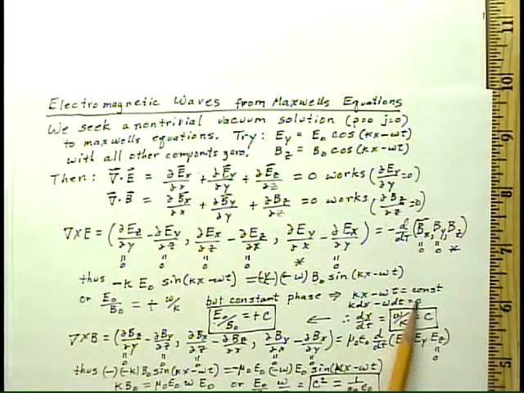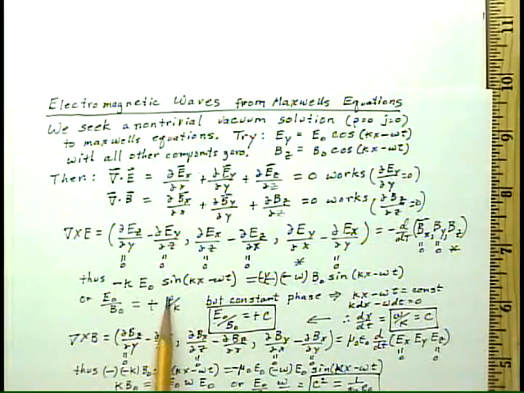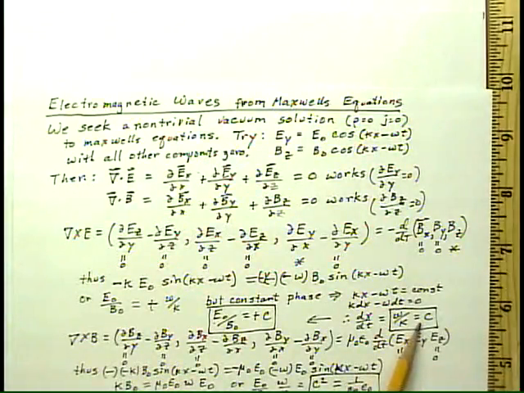Bringing this term to the right-hand side and dividing through by dt, we get dx/dt is equal to omega over k, which must be the velocity of light. Consequently, omega over k is equal to c, an important formula that we want to put a square around and remember. Likewise, E0 over B0 must have the ratio of the velocity of light.